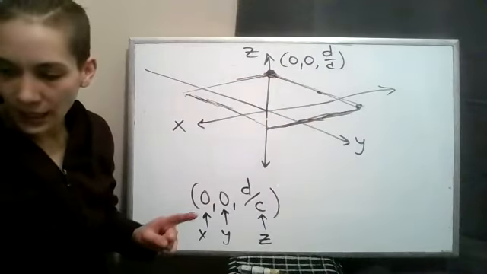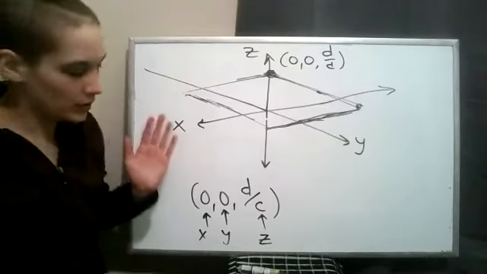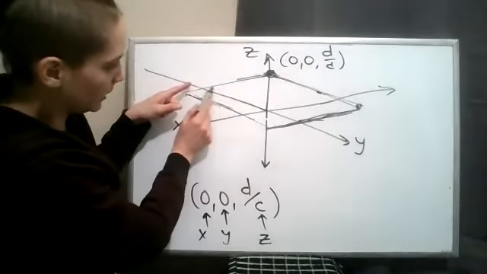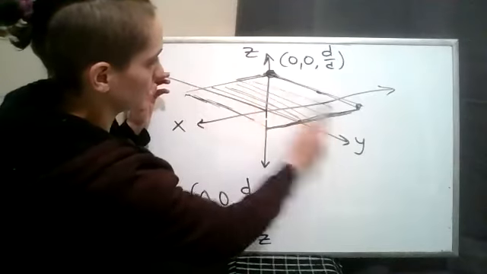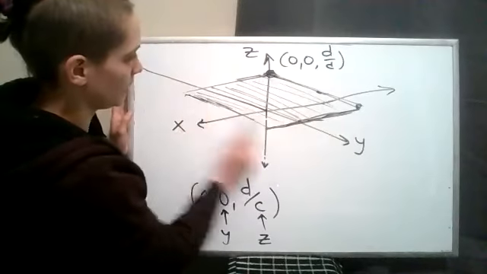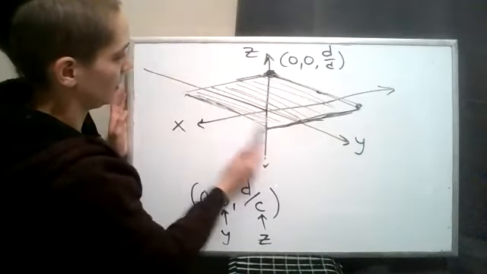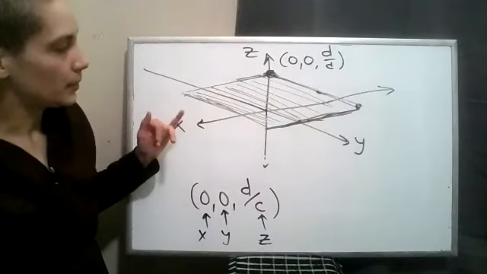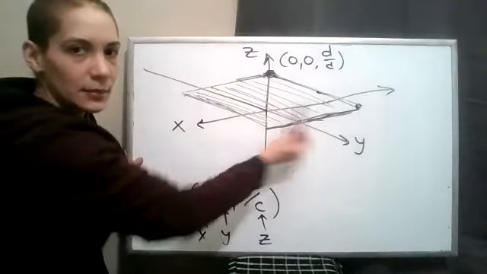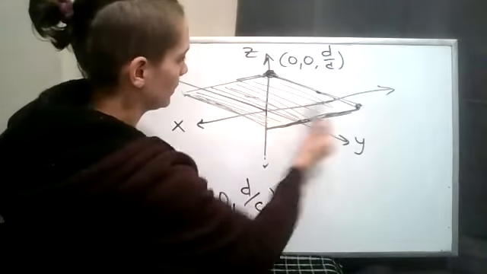Cross-hatching, again: x is any number, so we're going to use the x-axis and make lines parallel. And y is any real number, so go to the y-axis and make lines parallel to it.